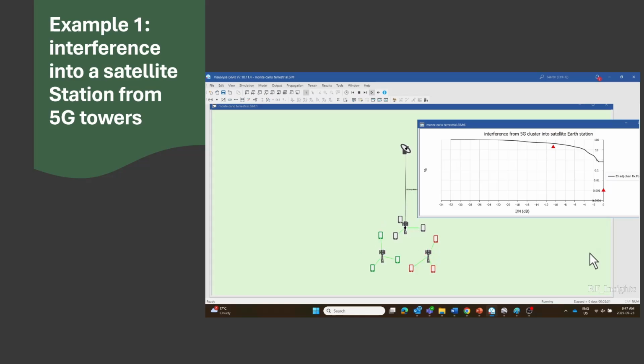The two red triangles that you see there are the protection criteria for our station. You can do it in an accelerated mode. So whenever it stops, you can have the results faster, and you can see the I/N curve here plotted for about 5 hours of operation of this IMT or terrestrial system setup.